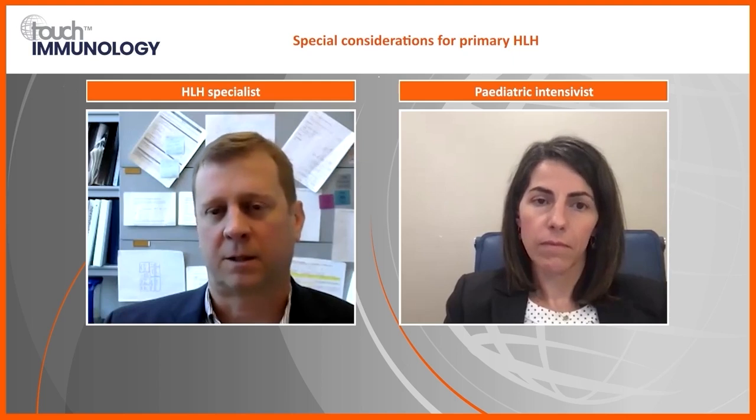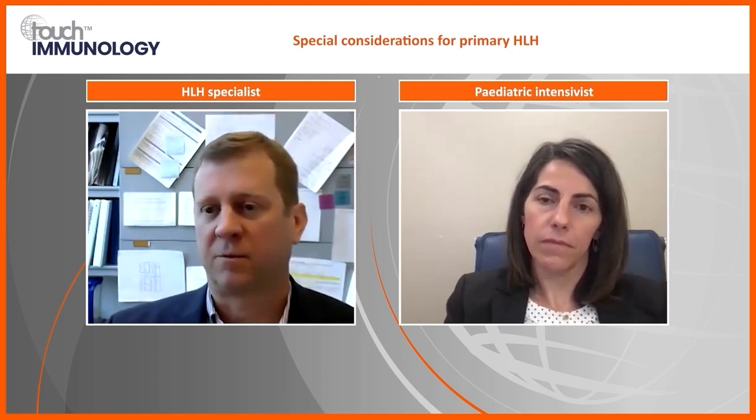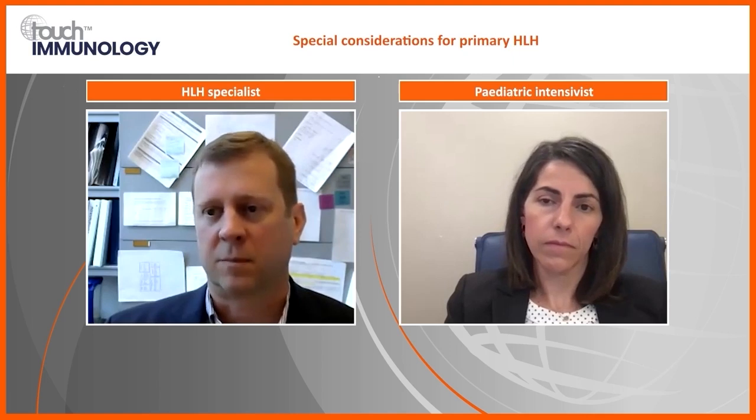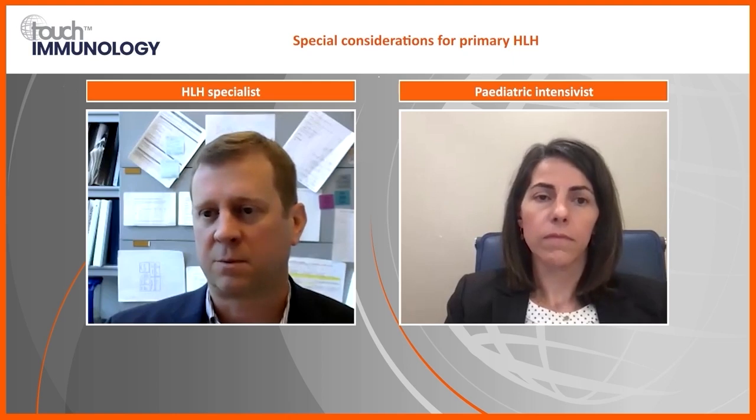Mm-hmm. Yeah. In terms of use of emapalumab, I'll tell you, locally, we do not treat patients with emapalumab up front very often, if ever. We typically start with steroids if somebody seems to be quite mild, or we think there's some underlying trigger that we can treat readily. We would then move on to steroids plus etoposide in most patients.